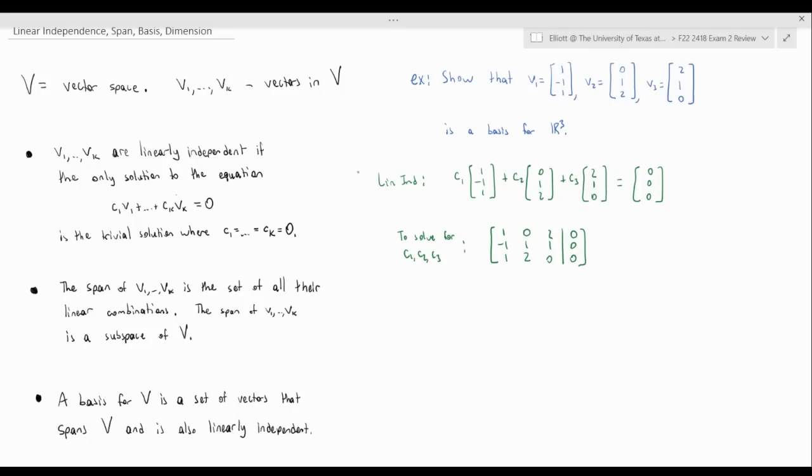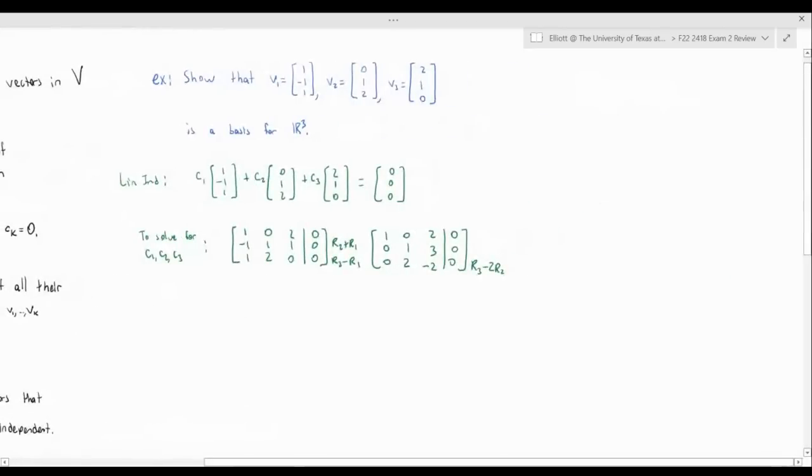And that shouldn't be too long, so I'll do the row operations real quick. I want to do row 2 plus row 1 and row 3 minus row 1. Let's work out the rest of the matrix. That's 1 and 3, 2 and -2. And if we were to just do one more row operation, row 3 minus 2 row 2, that would put it into the upper triangular form.